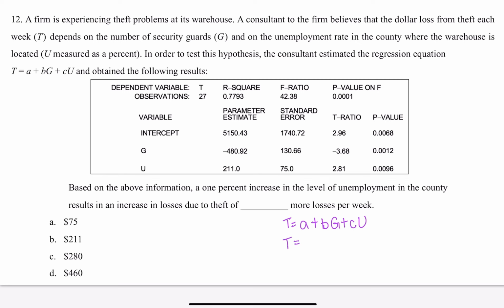So T is 5,150.43 minus 480.92 times G plus 211.0 times U. And this is our unemployment. So for each 1% increase in that, it's going to go up 211. So our answer is B, $211.